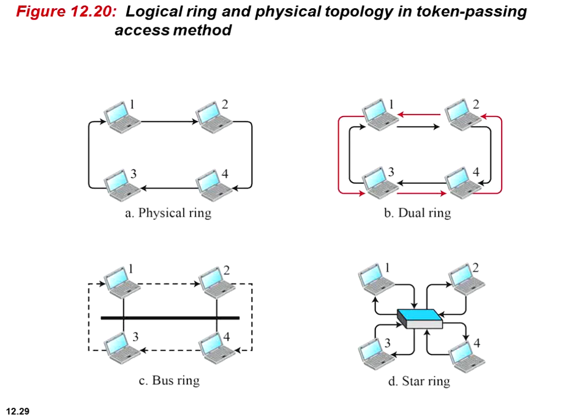In this dual ring topology, it uses another ring. One is the original ring and the second one is the auxiliary ring, which operates in the reverse direction. As you can see over here, the arrows are reversed.